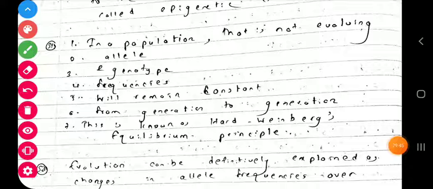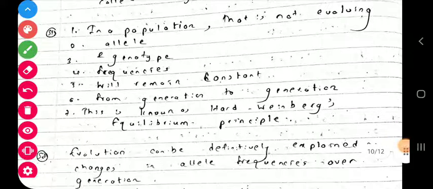You know that famous equilibrium of Hardy-Weinberg: p squared plus 2pq plus q squared equals 1.